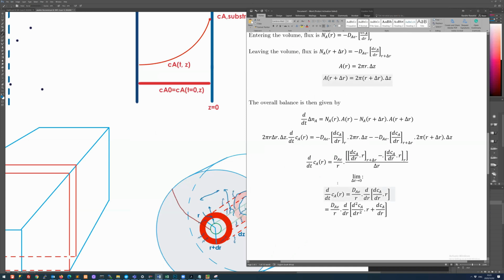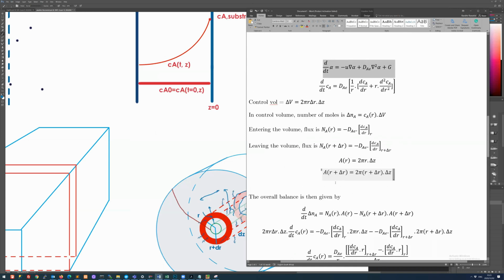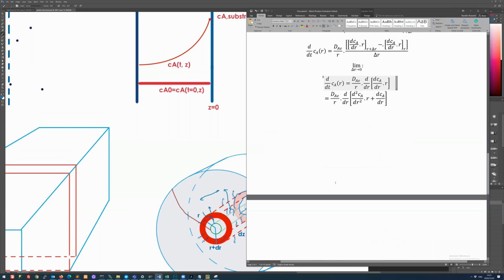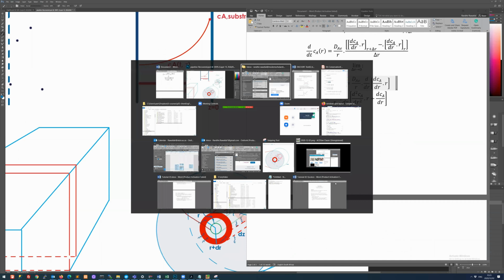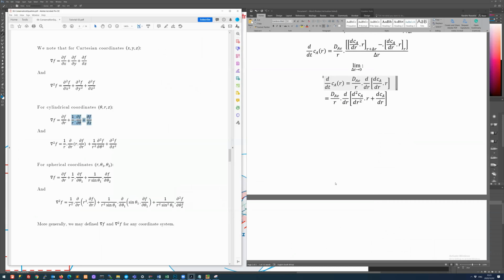And in fact, there are some other weird geometries you can also think about, like triangular geometries and so on, and it still works. So it doesn't matter your coordinate system. In this nice generalized equation with this nabla form, you are able to develop all these material balances. Any questions or comments there so far?